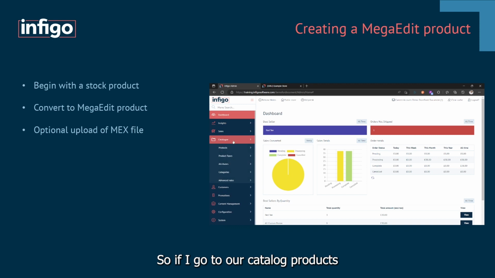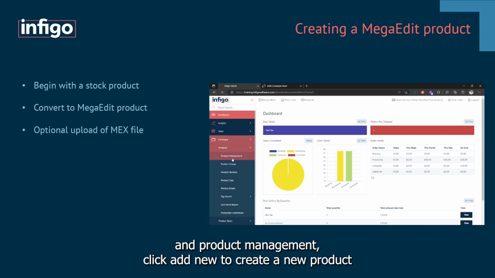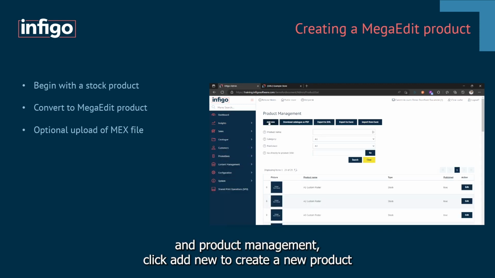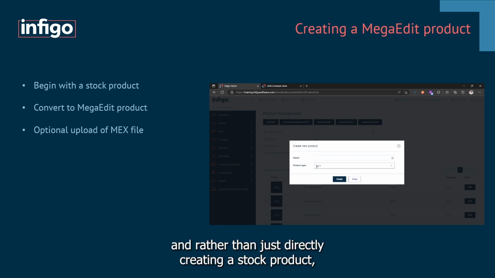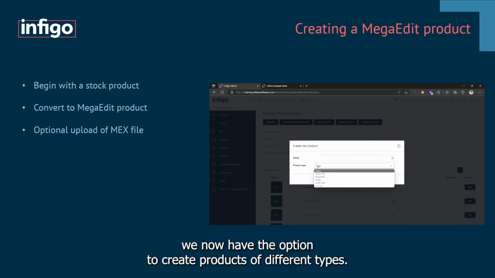So if I go to our catalog, products, and product management, click add new to create a new product, and rather than just directly creating a stock product, we now have the option to create products of different types.